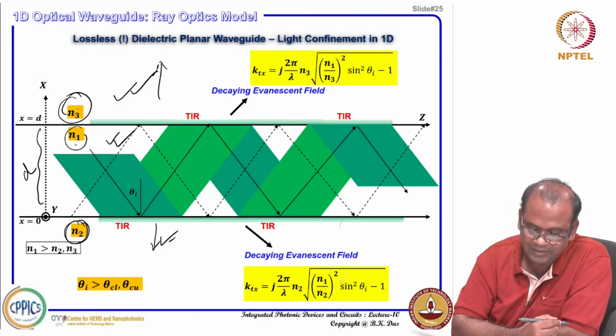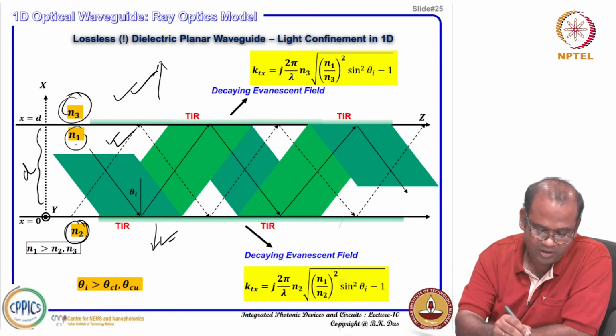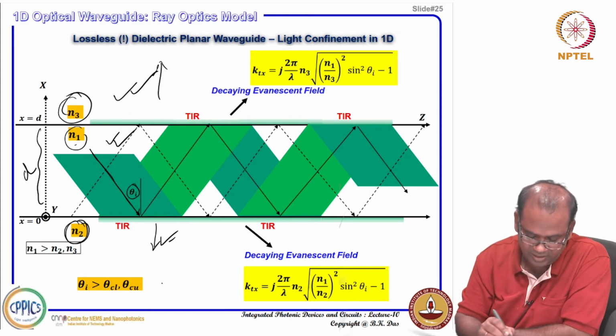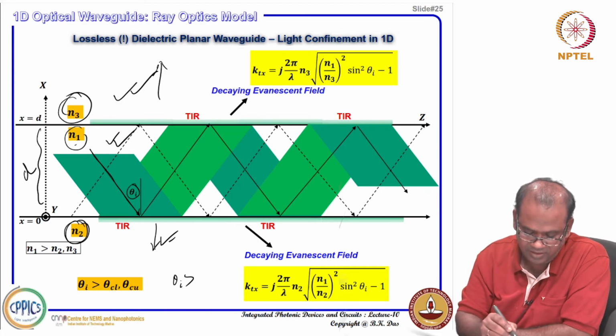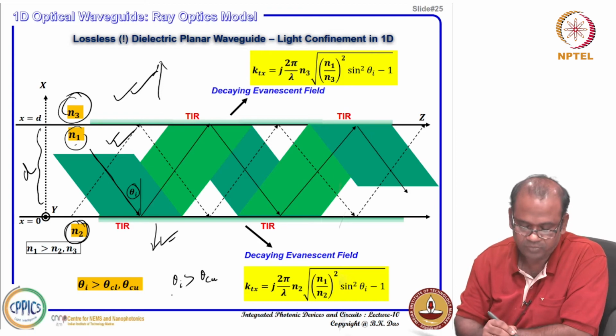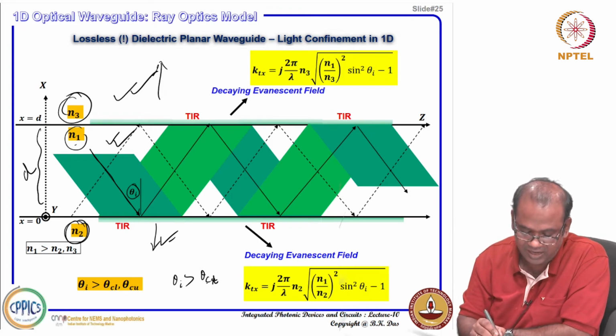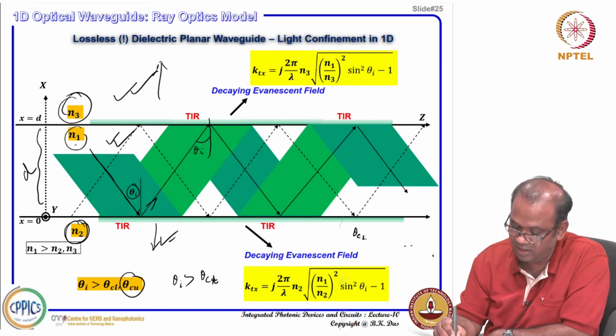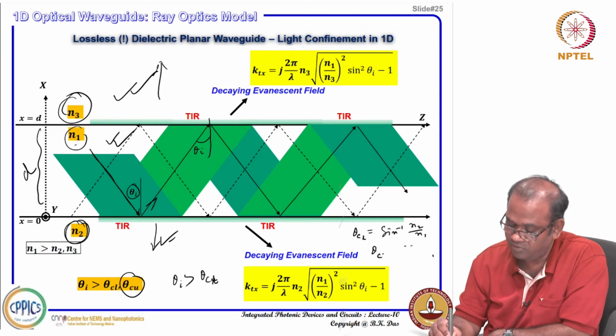Okay. So, in that case you can think of a certain wave coming with an angle theta_i, and if this theta_i is greater than theta_cu and theta_cl, where theta_cl is the critical angle at the lower interface, that should be sin inverse n2 by n1, and theta_cu, the upper, is sin inverse n3 by n1.